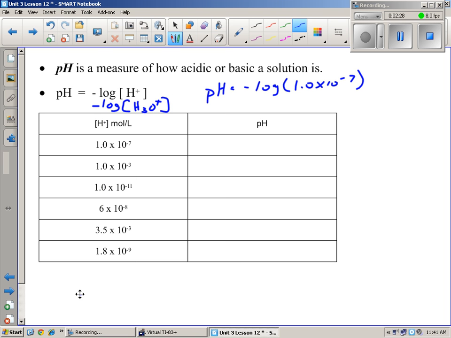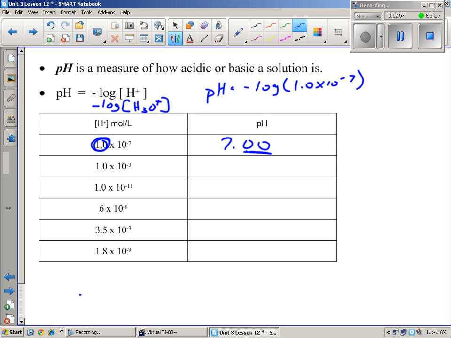All right, another thing we need to talk about is significant digits, which is very important as well. In this case, we have 2 in the concentration right there, so we have to have 2 after the decimal when we write out pH. So those 2 significant digits are those ones right there. Remember, it's after the decimal that matters.